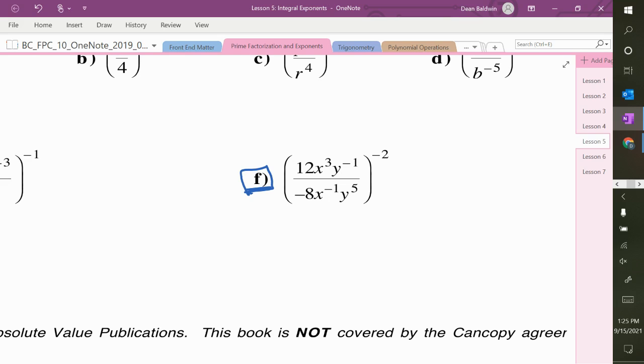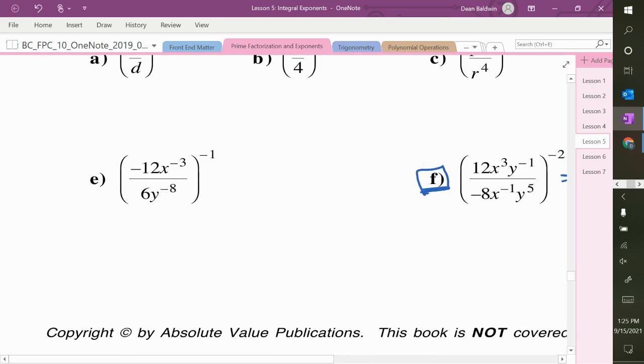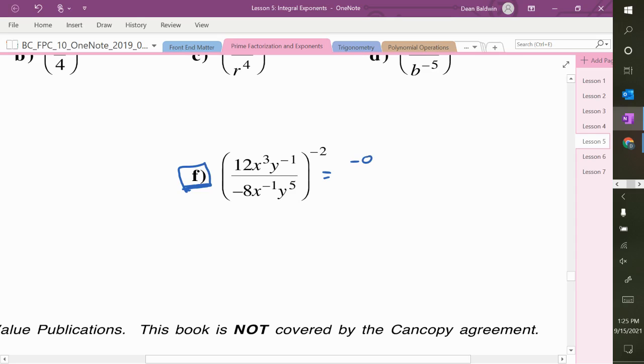Don't change any of the negatives in there. So when you flip it, you get negative 8 x to the minus 1 y to the 5 over 12x cubed y to the negative 1 to what exponent? Positive 2.